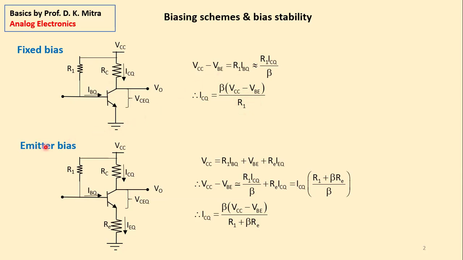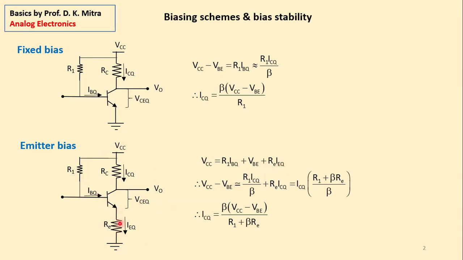This technique is emitter bias. Here, the same resistance R1 is here, but there is an additional emitter resistance, right? Once again, if you apply Kirchhoff's voltage law to this circuit, then I find VCC is equal to R1 IBQ, because IBQ flows through R1, plus VBE plus RE IEQ.